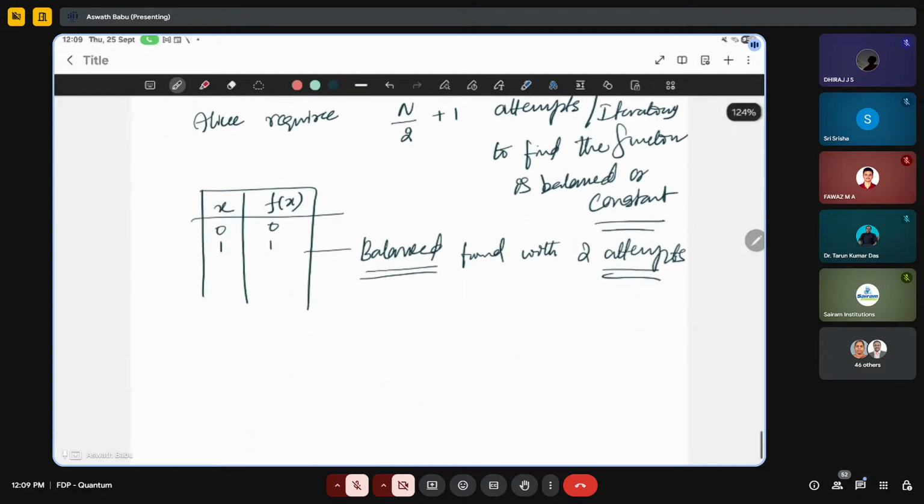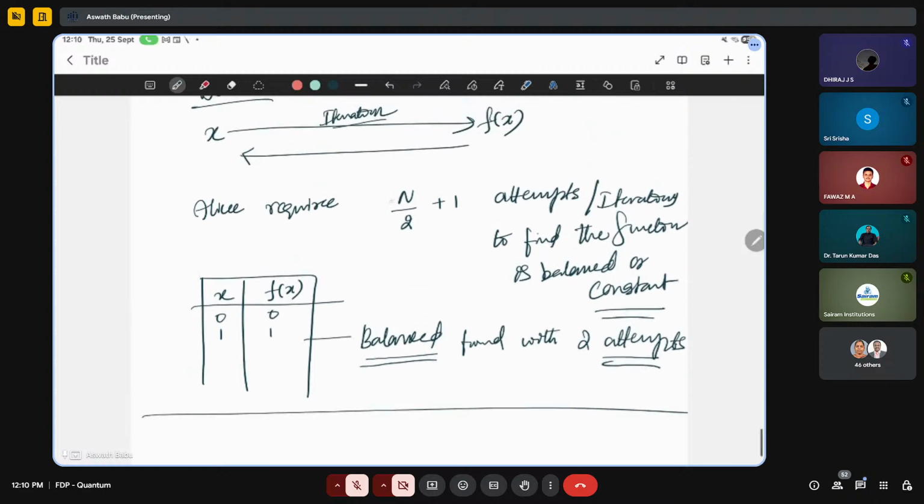Okay, so classical computation requires n by 2 plus 1 attempts if n is the size of the x set. Right?